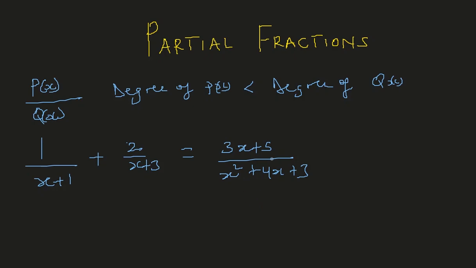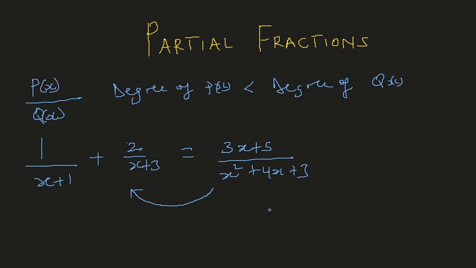Now, this fraction, which I call the rational function, can be expressed into partial fractions, and these are the partial fractions that we add together to give us this fraction.